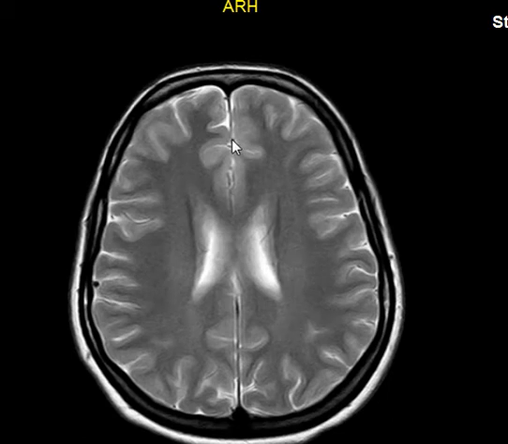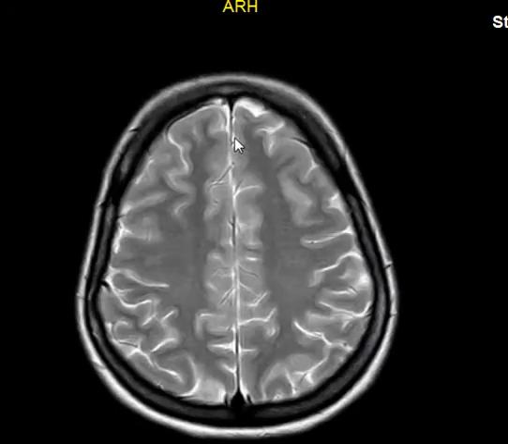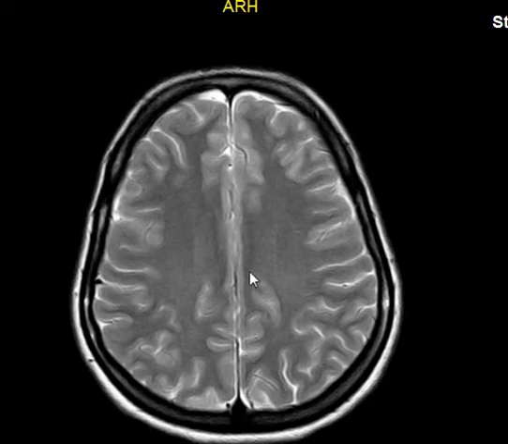This is the falx cerebri that separates the two cerebral hemispheres. It is in the midline, and extends along the inner surface of the skull vault, forming what's called the endosteum.